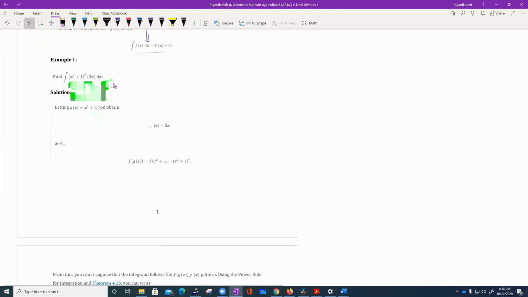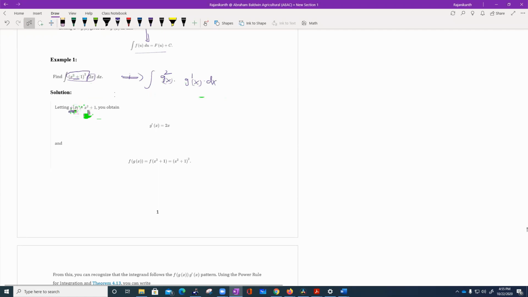You are given a function like this, one function times another function, right? So if you look carefully, if you let the g function be x squared plus 1, right? That means you could rewrite this problem as g function squared times g prime of x dx, right?